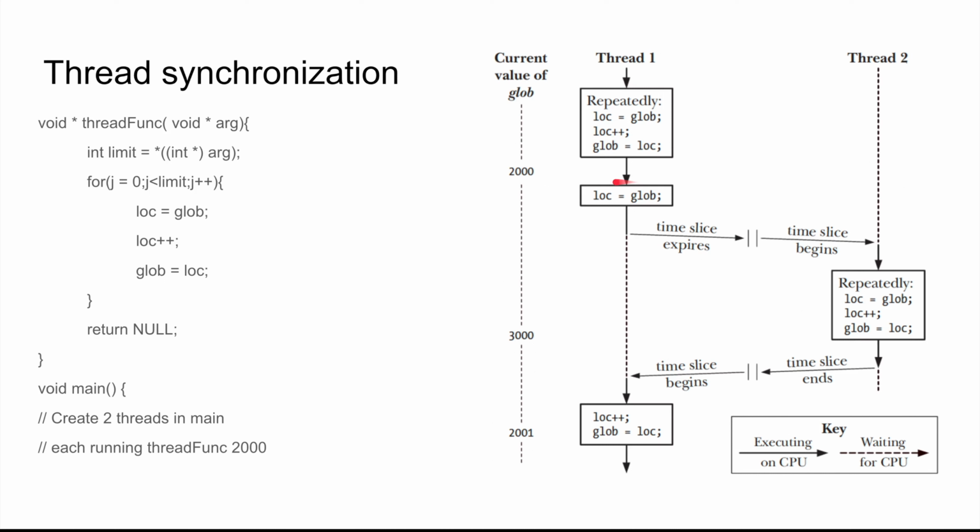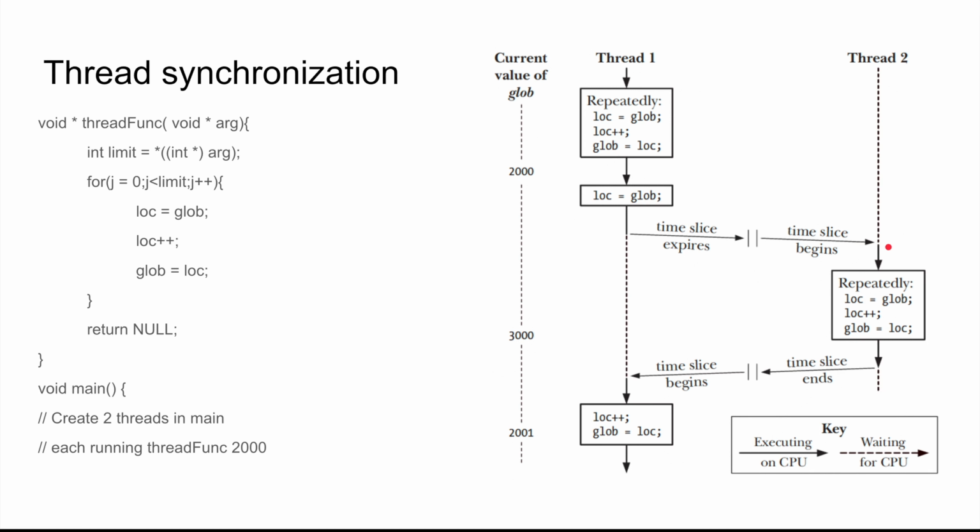At this point, it has taken a local copy of global, so the LOC variable would be 2000 at this point of time. Due to kernel scheduling, there are possibilities that the time slice for this thread expires and thread 2 now begins execution.